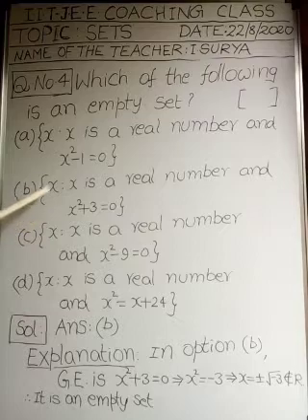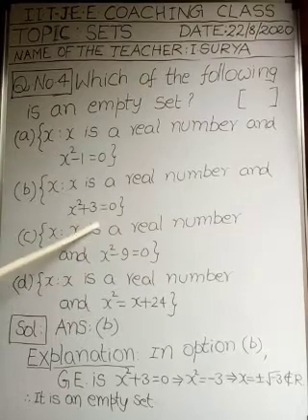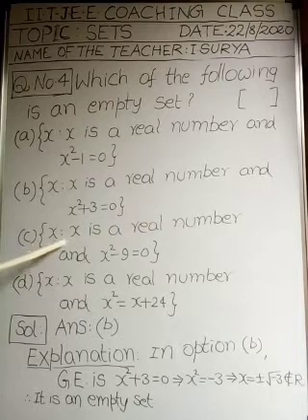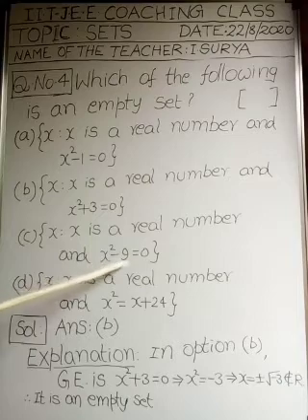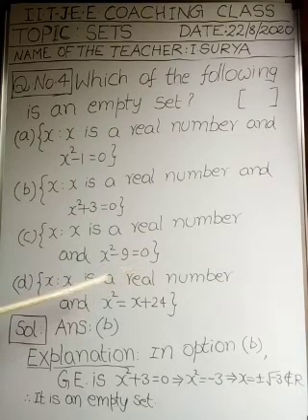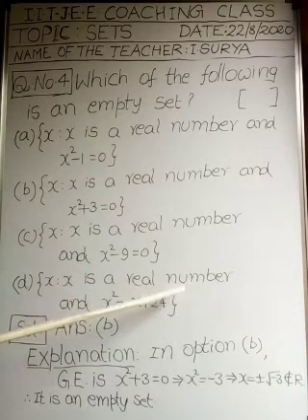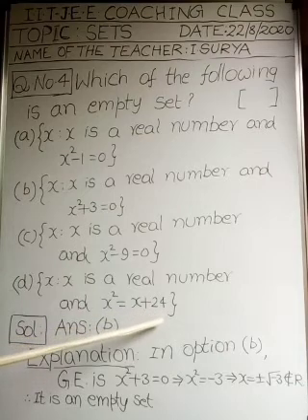Second option, set of all x such that x is a real number and x square plus 3 is equal to 0. Third option, set of all x such that x is a real number and x square minus 9 is equal to 0. And fourth option, set of all x such that x is a real number and x square is equal to x plus 24.